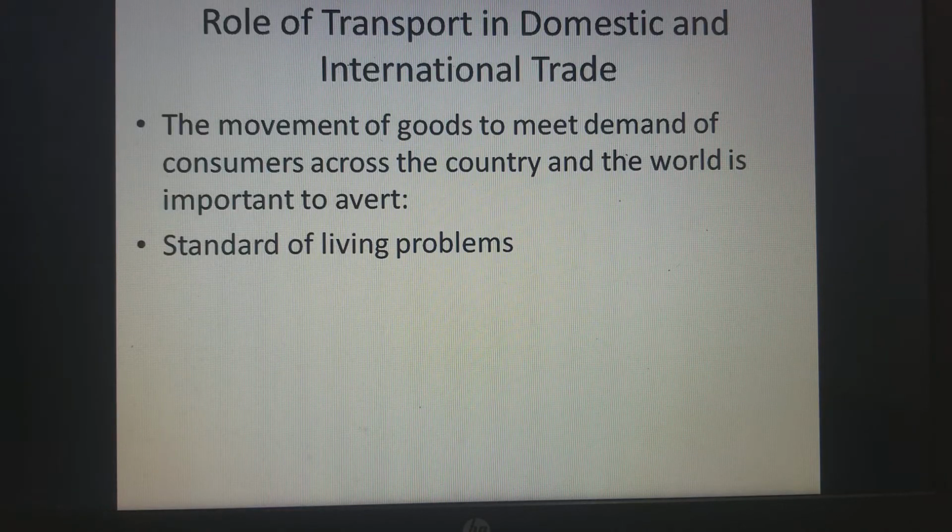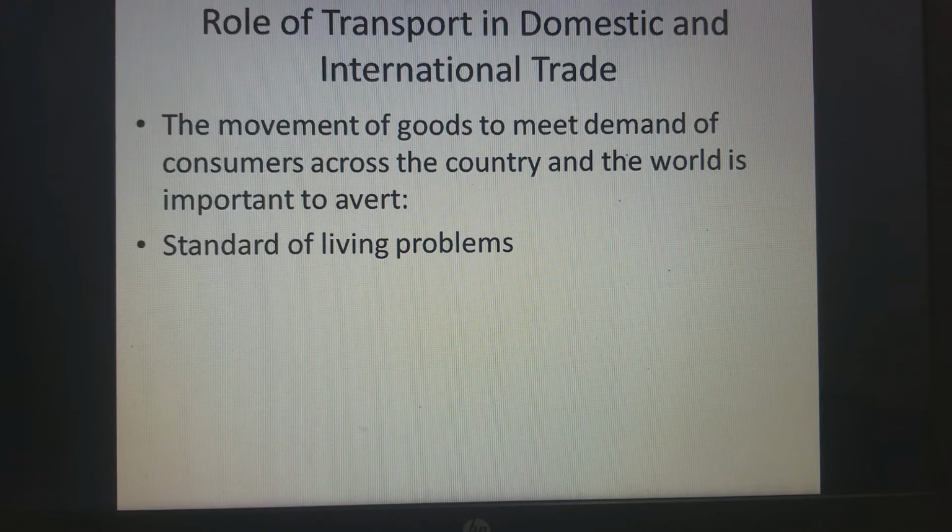The movement of goods to meet demand. So we're now talking about the role of transport in domestic and international trade. What we're saying is that the movement of goods to meet the demand of consumers across the country and the world is important to avert a decline in the standard of living.